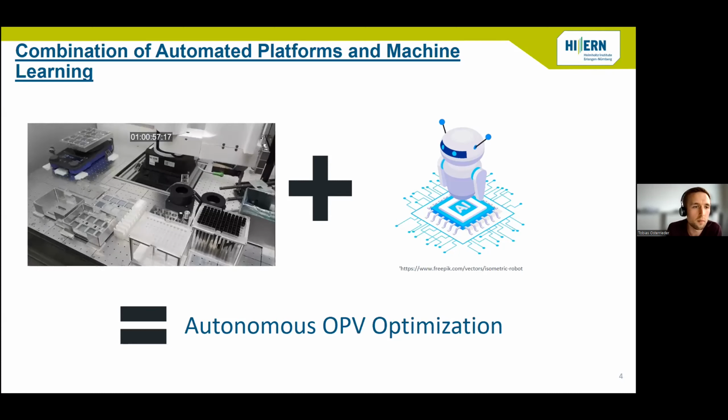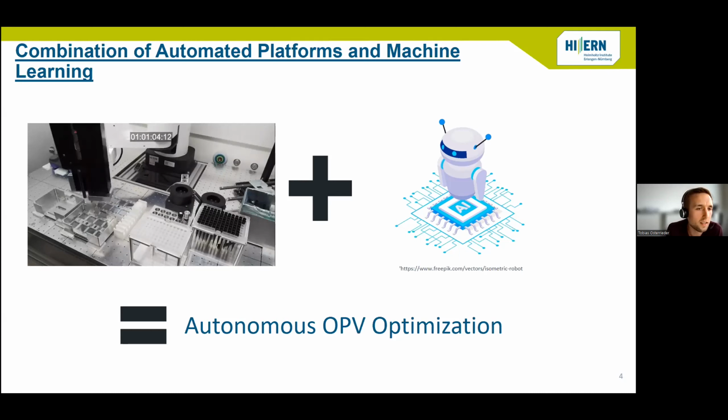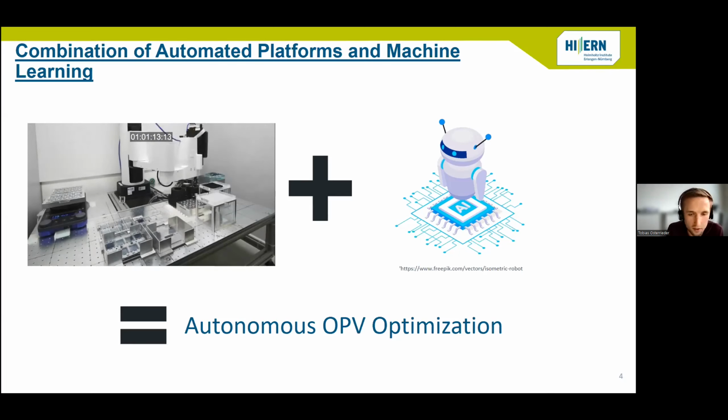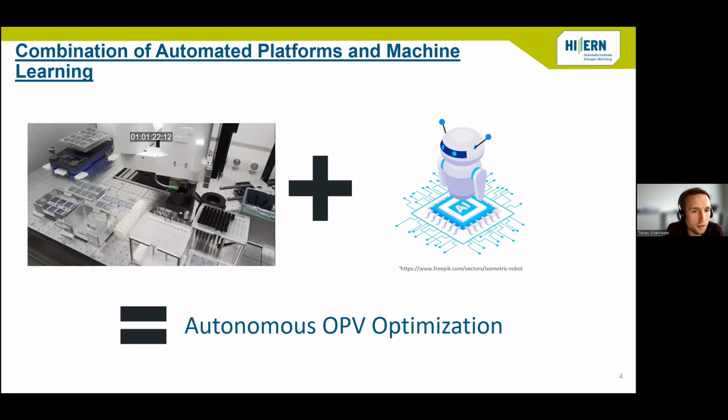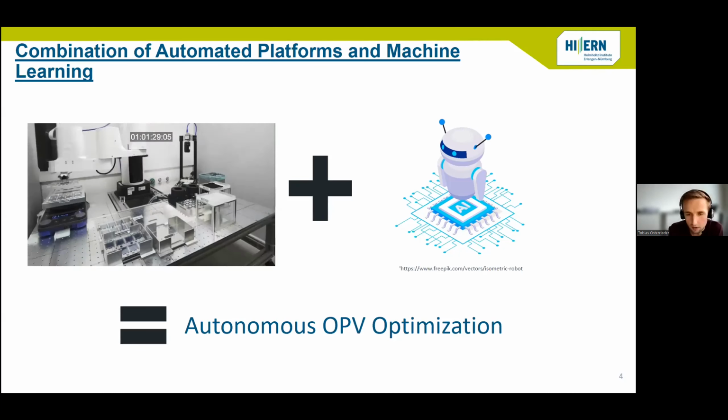We also want to combine those machines, those robots, with a machine learning algorithm, which then tells us what sample we should produce next in order to maximize our target in an efficient way. So if we combine those two things, we get something like an autonomous lab or a self-driving lab, where we just define the parameters we want to investigate, and then we let the system run by itself and see if it finds a good solar cell.